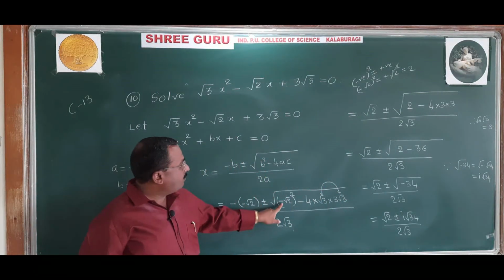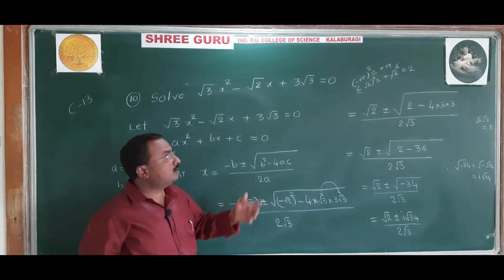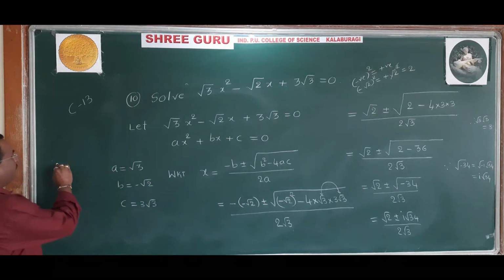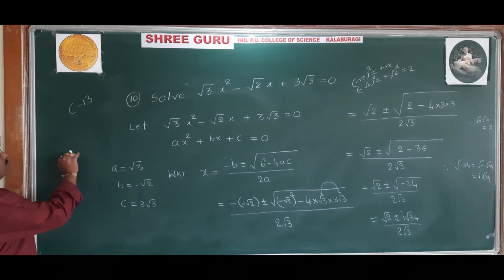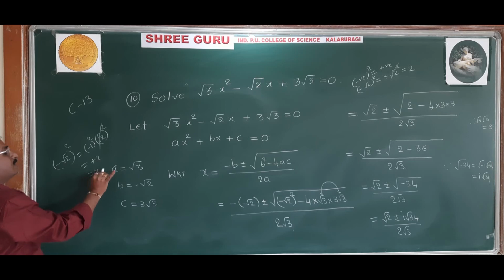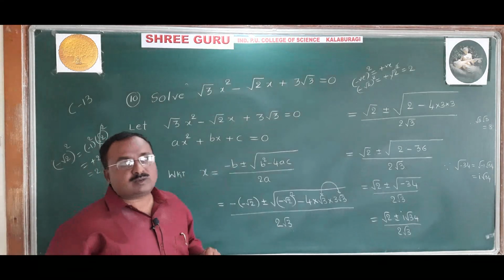Keep in your mind, this is very important. Minus root 2 whole square can be written in the form of minus 1 whole square times root 2 whole square. Negative square always positive. Square and root cancel. This is plus 2.